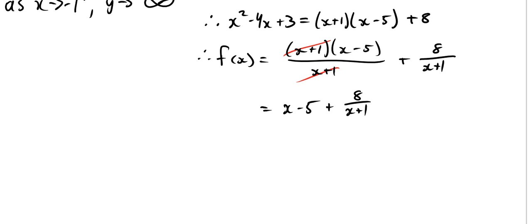But this is useful because now my oblique asymptote is y equals x minus 5, and my remainder part is 8 over x plus 1. The remainder part is important to have because that's what we're going to use to do the testing. Remember what it means.